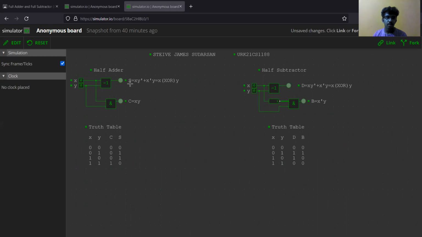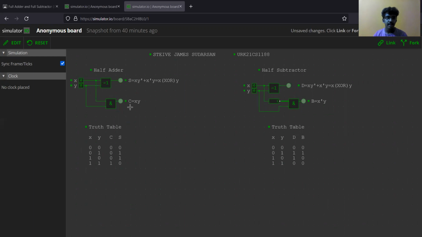Now for getting the formula of the sum, we take the rows with output 1. We get x as 0, y as 1, which is x complement y, plus the other row, 1 and 0, which is x y complement. Hence it represents x XOR y, which gives the value of the sum of the half adder.